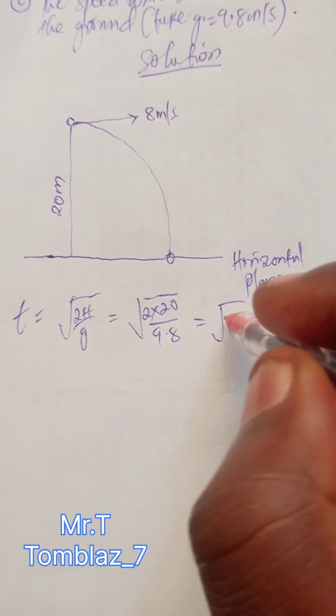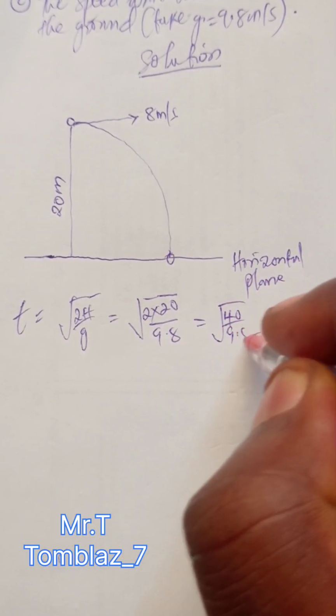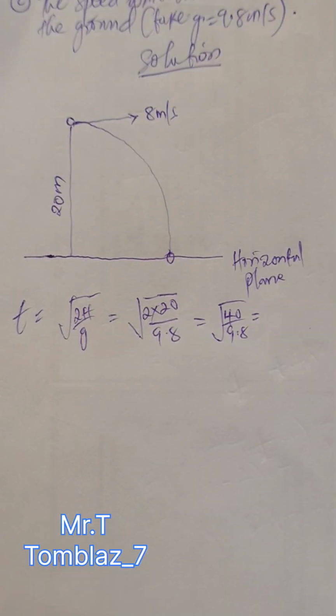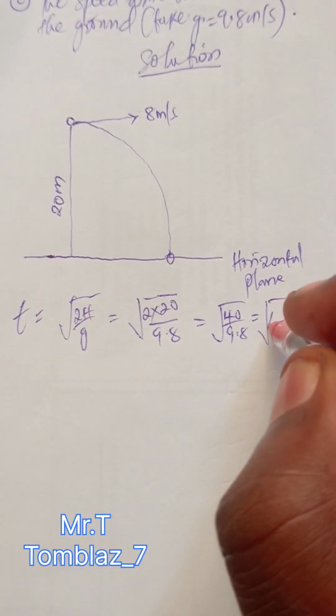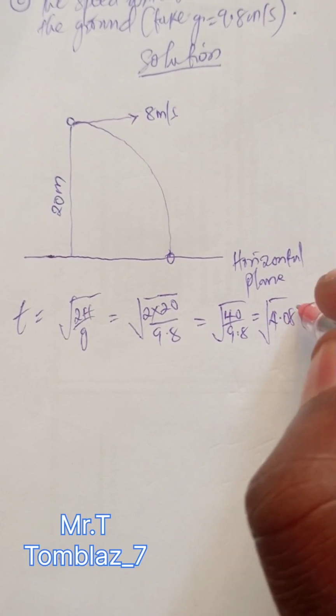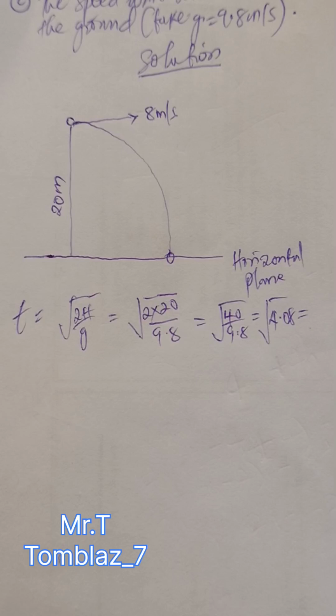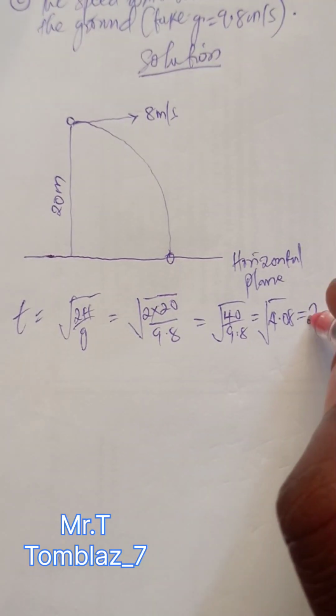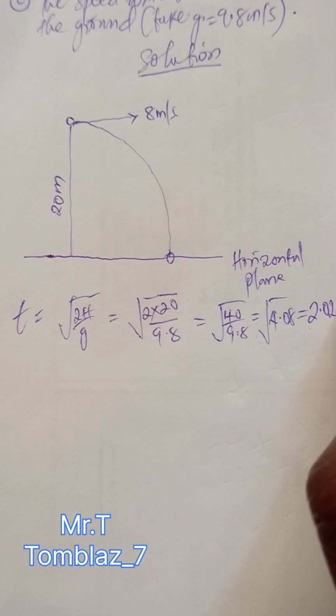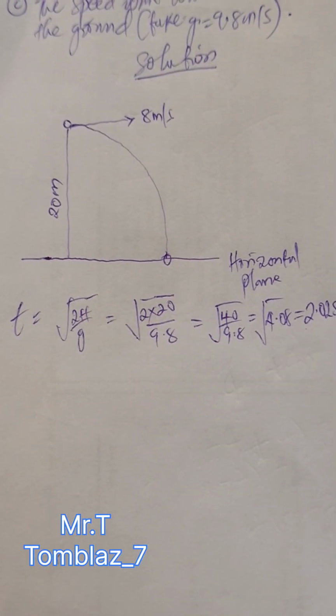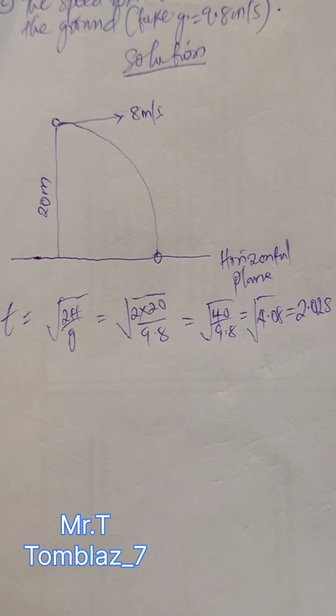So we have square root of 40 divided by 9.8. So we have 40 divided by 9.8, we're going to be having square root of 4.08. And that's going to give us what? Square root of the answer is 2.02 seconds, right? And time is measured in seconds.